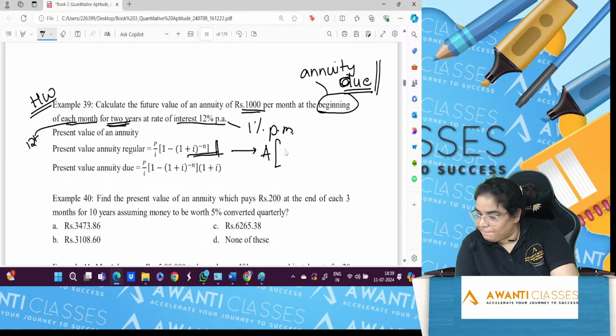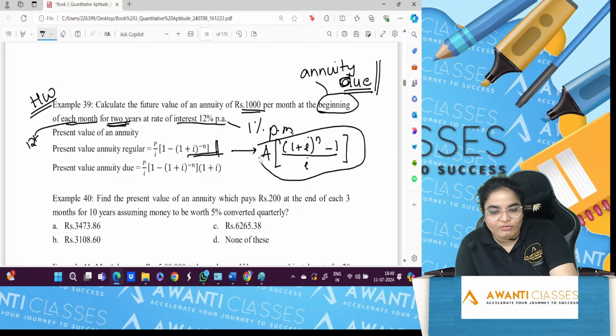A into 1 plus I to the power of n minus 1 whole divided by I. This is annuity regular. Whatever formula you are using, you can use this also, whatever I have given, you can use. It is the same formula.